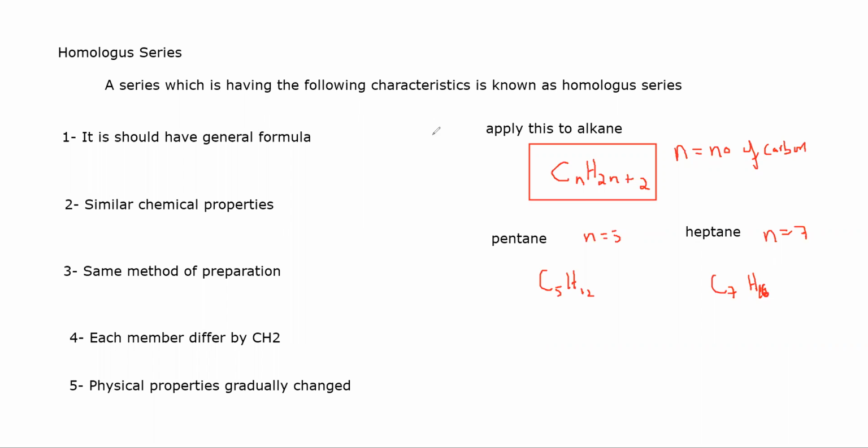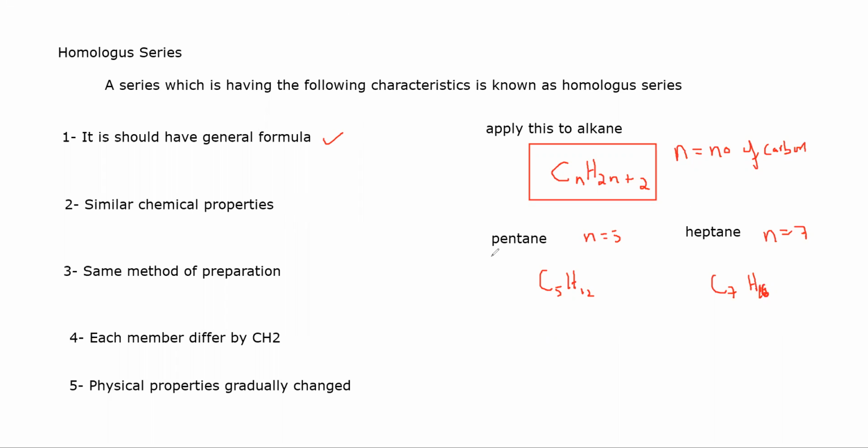So you can see here, this is the first tick for alkane, because we want to check whether alkane is a homologous series or not. So we are applying this to alkane, and there's a first tick, meaning it has a general formula. Similar chemical properties: as we discussed, any alkane will undergo substitution reaction.